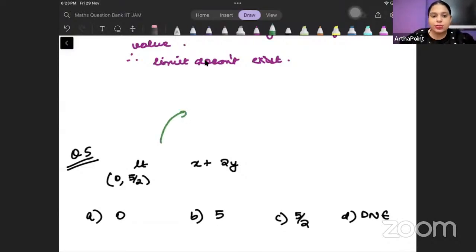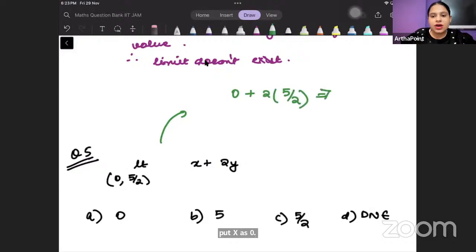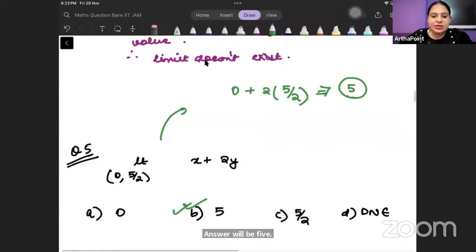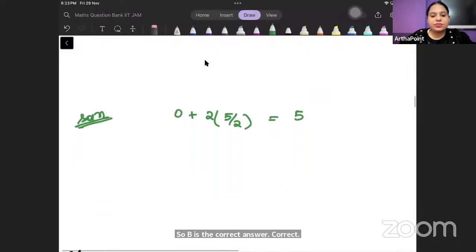Absolutely, this is an easy one. Put x as 0. Put y as 5/2. Answer will be 5. So B is the correct answer. Correct. Easy. Take it. Come to the next one.